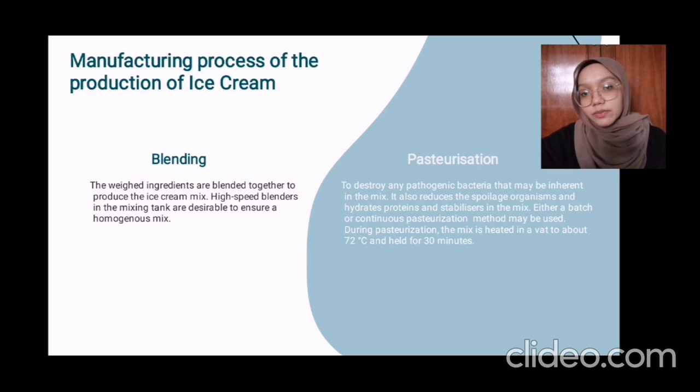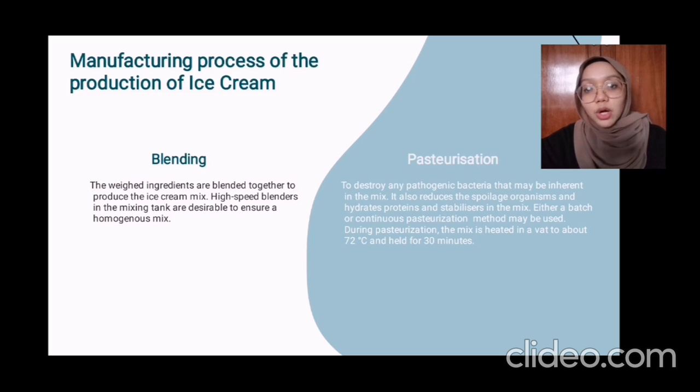And then the ice cream mix is pasteurized. Pasteurization is the biological control in the system, designed to destroy any pathogenic bacteria that may be inherent in the mix. It also reduces the spoilage organisms and hydrates protein and stabilizer in the mix.